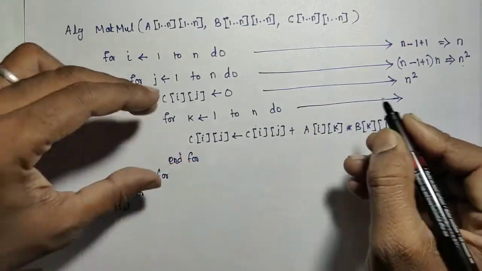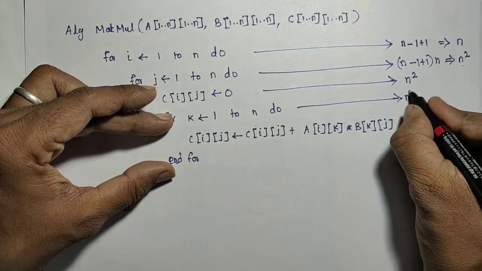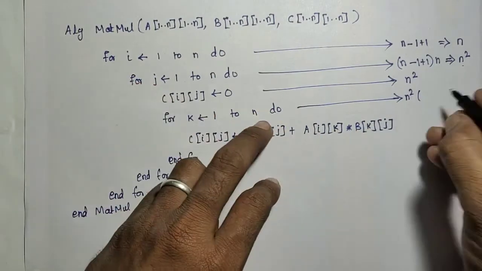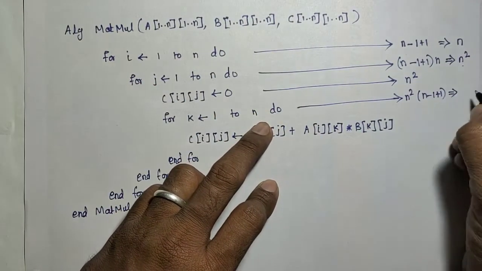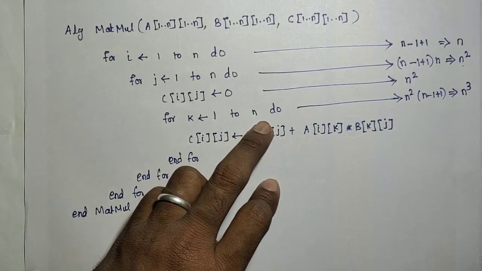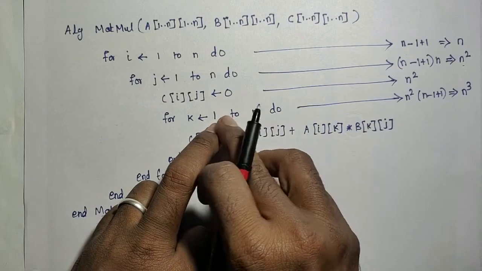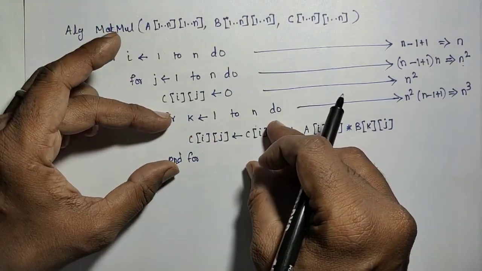And this loop, k equal to 1, k equal to 2, is going to happen for n squared times, into each, that is this count, n minus 1 plus 1, that is n, which is equivalent to n cube time. So this k iteration means n minus 1 plus 1, and this loop is going to be executed how many times?